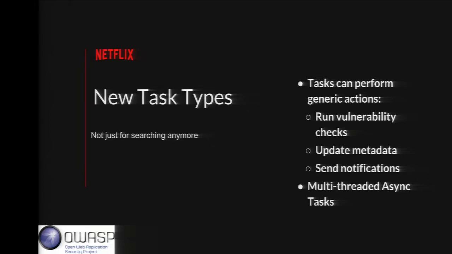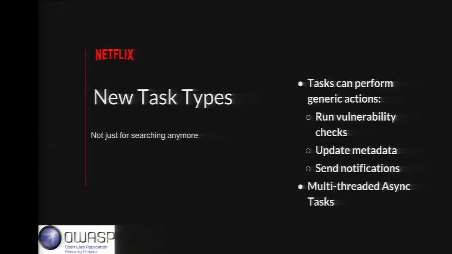Now they're a lot more generic than that. We can still run a Google search or a search on Twitter, but now we can also run vulnerability checks. We have a task that allows you to select all your Rails repos and run Brakeman against them, and then import all of those vulnerability results into Scumblr so that they're right there for you.